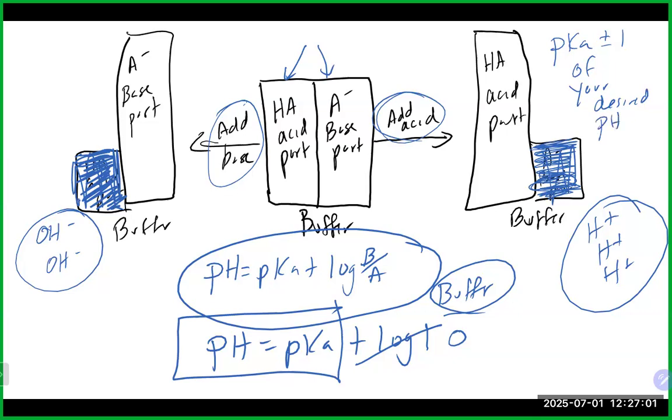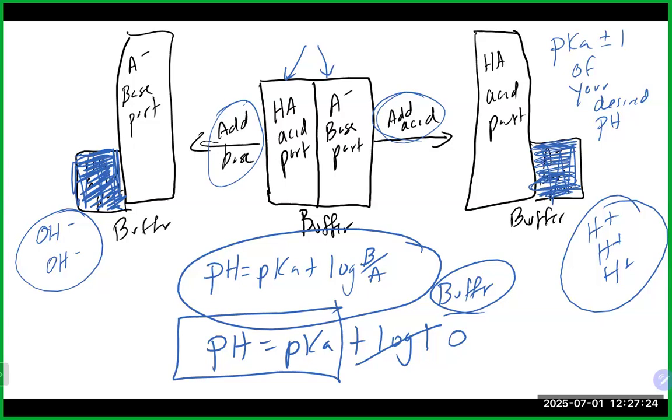pH for your buffer. So if you wanted to make a buffer at a pH of 9.4, you should not grab acetic acid, because it has a pKa value of about 4.74, which is way, way, way too far away. You should grab something like ammonia, which has a pKa value of 9.25, which is very, very close to what you want.